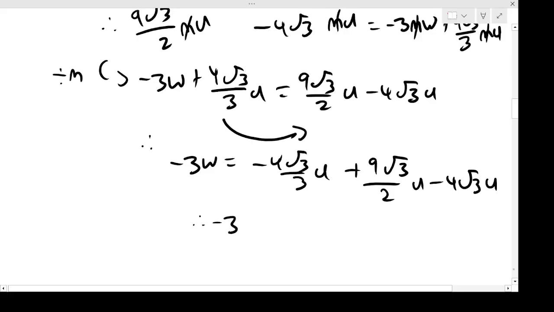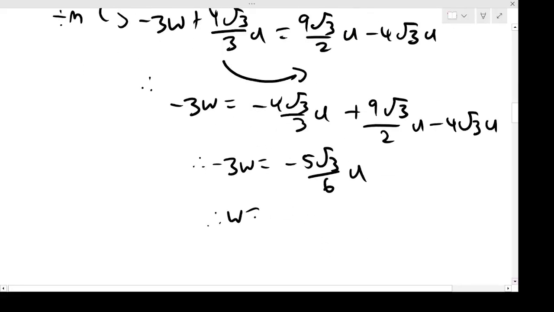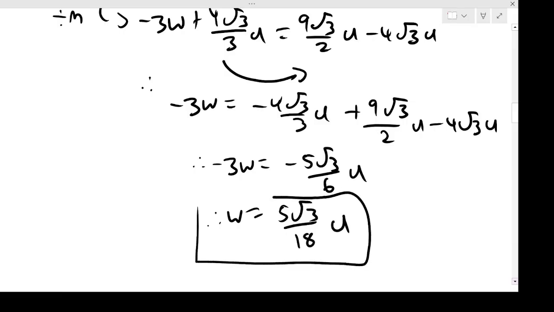And so we can collect all the u terms here to simplify. And so we get minus 5 root 3 over 6u. Therefore, we can divide by minus 3 to get w to be just 5 root 3 over 18 lots of u. And so that's my component there.